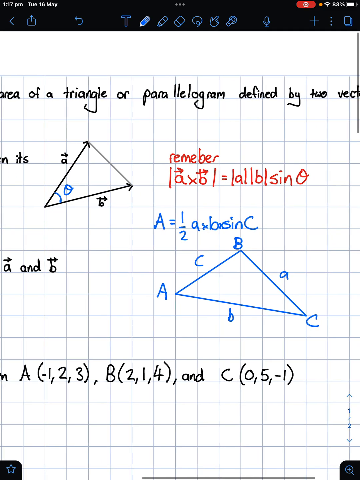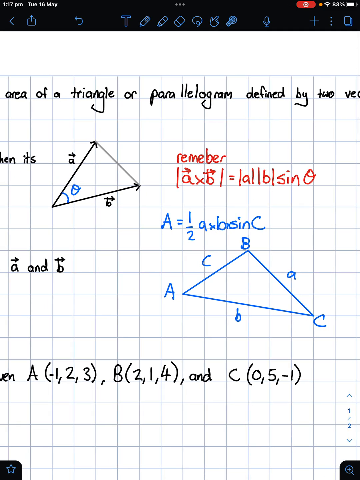So what this means is that if I was going to calculate the area of the triangle between these two vectors, I could technically just go, well, sine C, and these two vectors will give me that area.